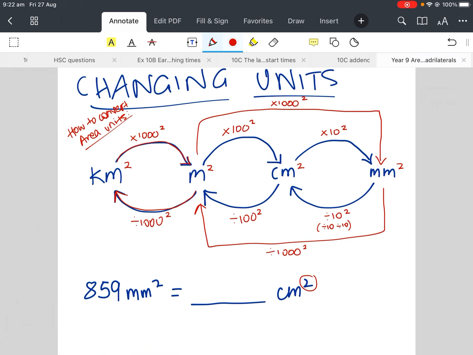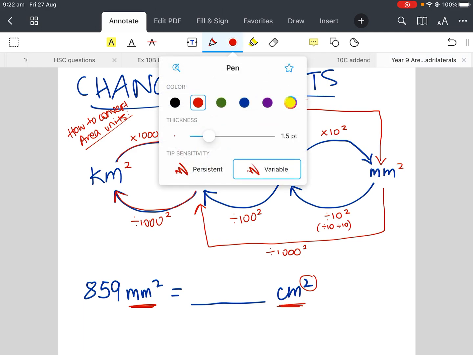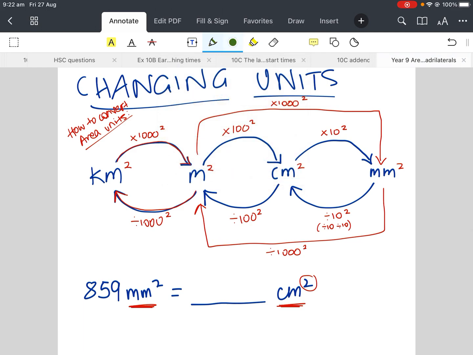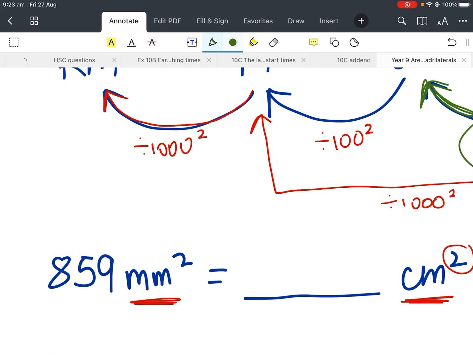So to change my area units from this one, I have a look to see what's my units there. It's millimetres squared. My units here is centimetres squared. I'll change my colour so I can see it. So I start at millimetres and I follow my arrow to centimetres. On my arrow, it tells me to divide by 10 squared, which means divide by 10, divide by 10, okay?